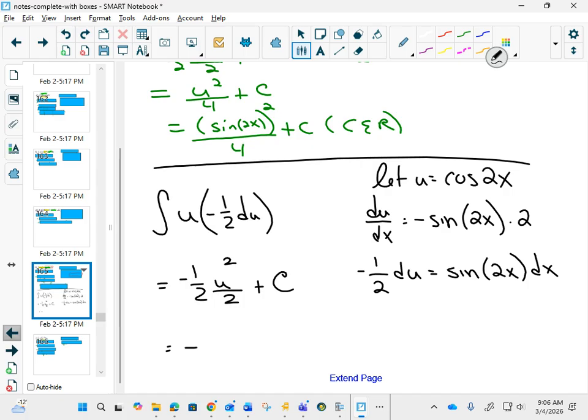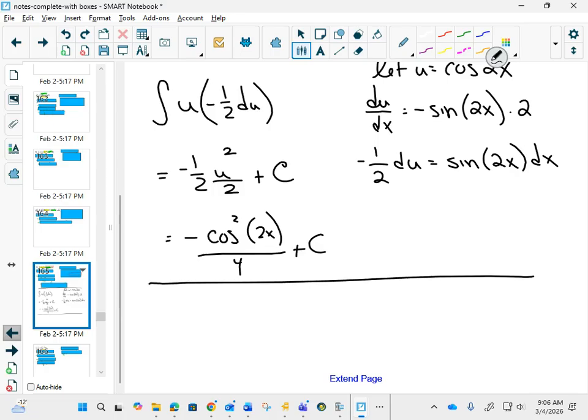And I get negative, and this time it would be cos squared 2x divided by 4 plus c. Which is not the same as sine squared 2x over 4 plus c. These are different. Interesting.